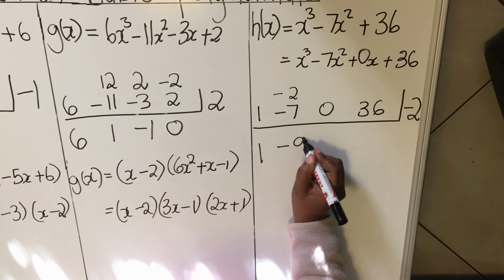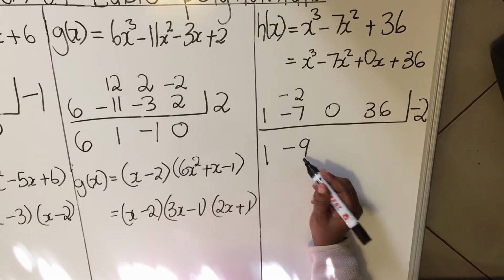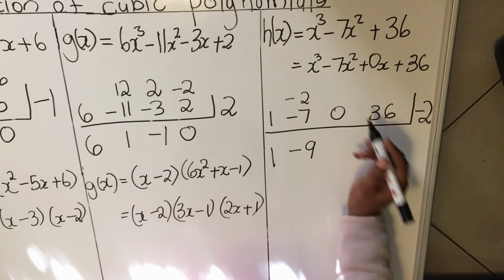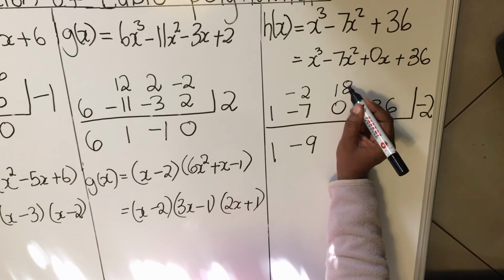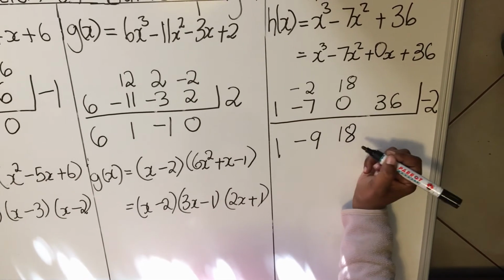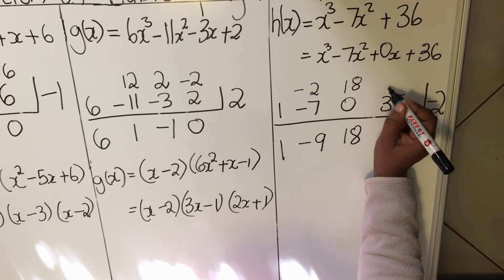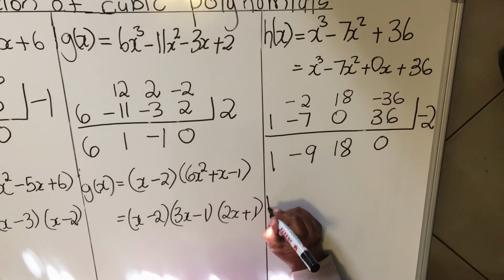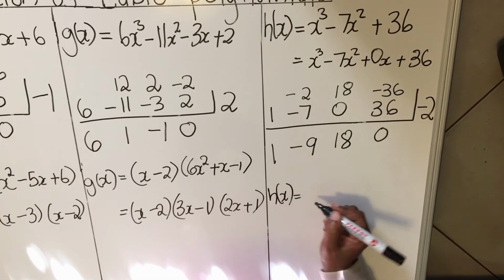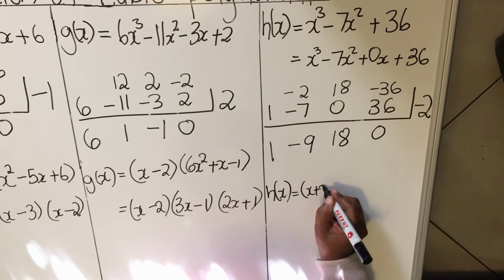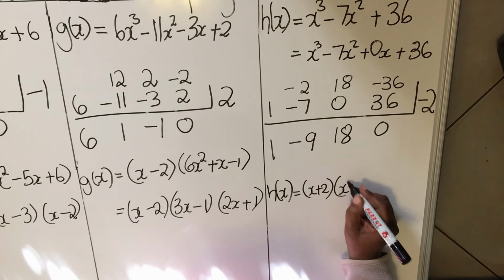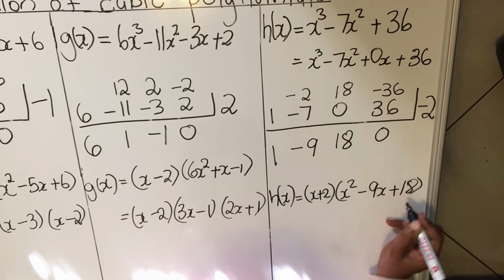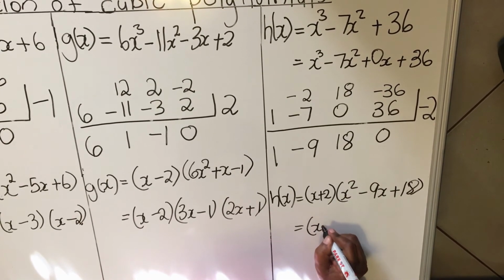Then I add, I get minus 9... Minus 9 times 2, I get minus 18, then I get an 18. 18 times 2 gives 36, then I get a 0. Then h at x is equal to my first term, x plus 2. Then I have x squared minus 9x plus 18. Then I factorize this bracket.